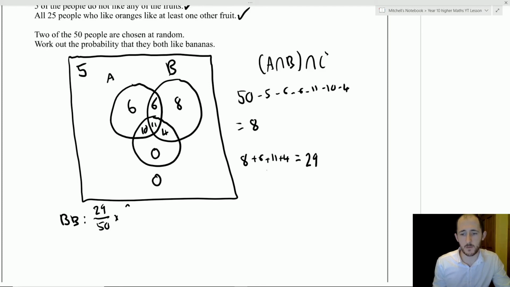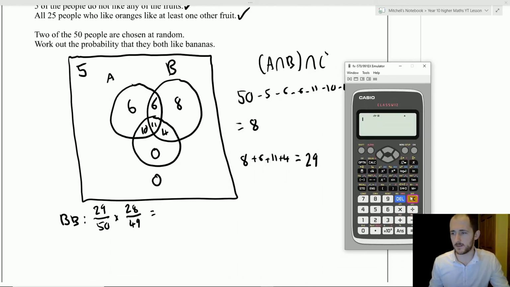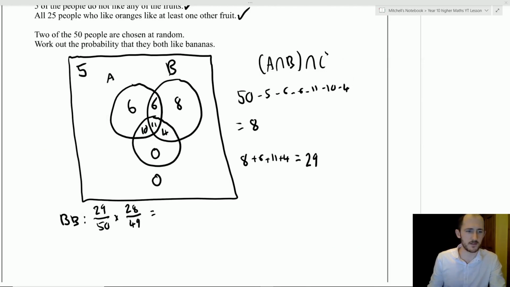Multiplied by, we subtract 1 because they're not going to pick the same person twice, over 49. And let's just use a calculator. Again, you can do this by hand. And if you want me to show you how to do it, I'm more than happy to. But I think everyone in here is okay with column multiplication. 58 over 175.